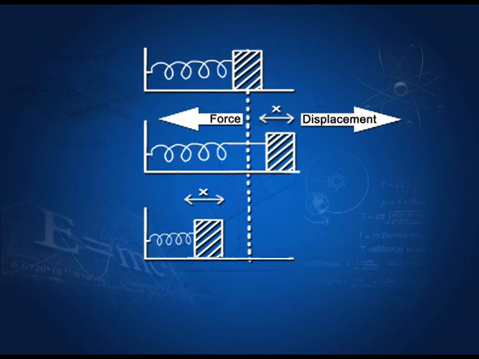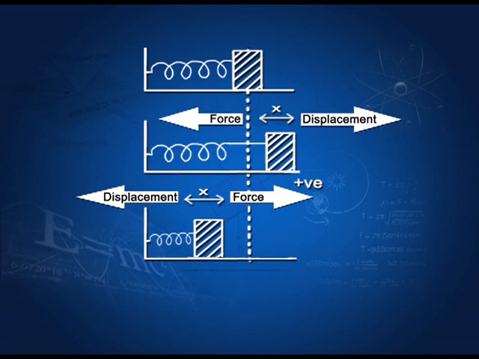Now, this time the displacement is in the opposite direction and our restoring force would act again towards this mean position that we have for the spring where there was no load. So, this is my 0 position, this is my displacement in the positive direction and this is my displacement in the negative direction, and in every case the restoring force is opposite to the displacement.